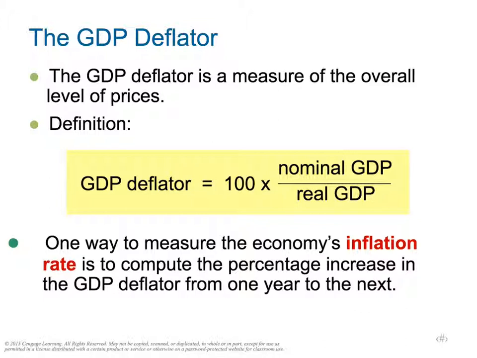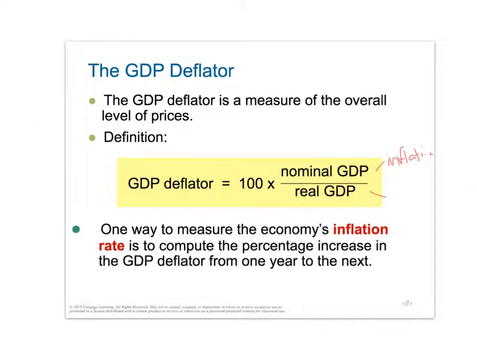Because we have both pieces of information, we can divide nominal GDP, again, the stuff that has inflation in it, by the stuff that doesn't, real, okay? So we could say it's deflated if you'd like. I mean, that's one way to look at it. All right, so we could take the deflated data here.